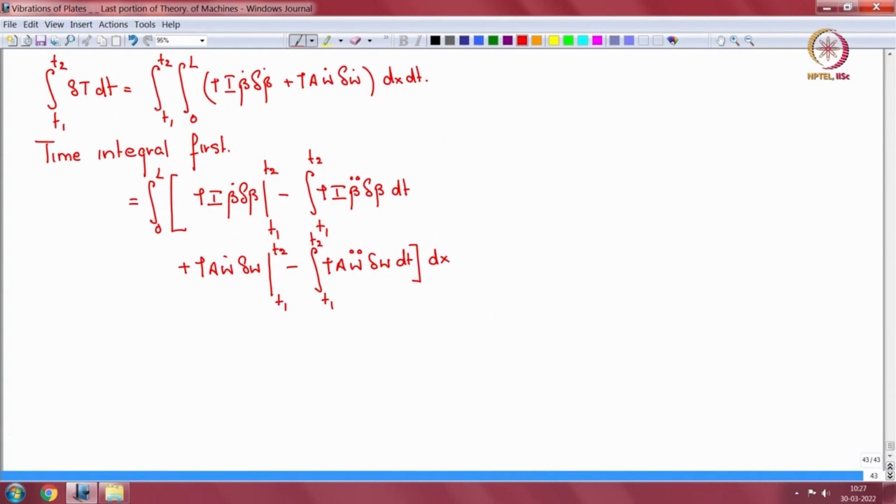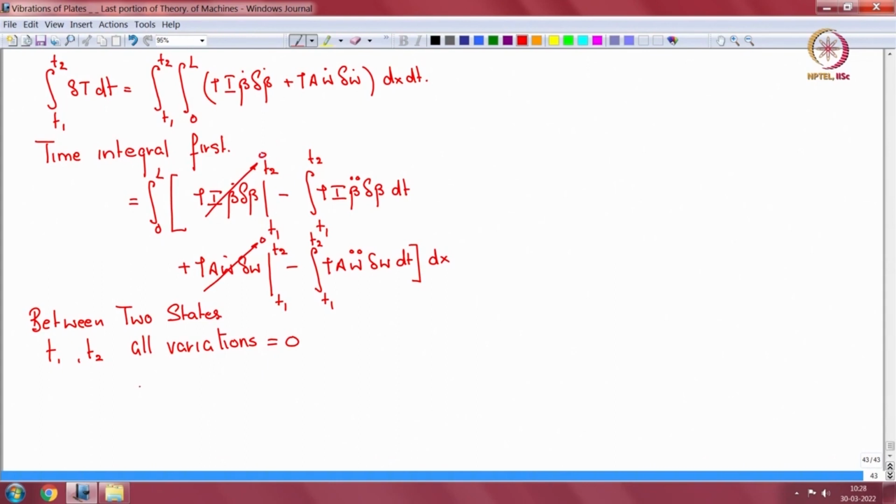Now Hamilton's law says that between two known states at t1 and t2, all variations at these two endpoints are 0. So delta beta is 0 at t1 and t2, delta w is 0 at t1 and t2.